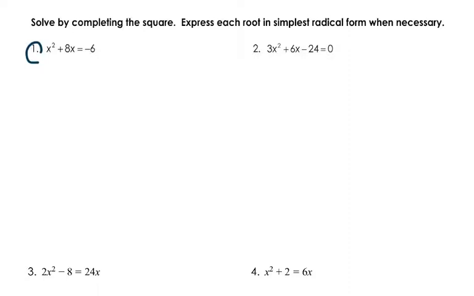The next step is telling you to take the B term and divide it by 2, square that number, and add it to both sides. So we are left with x squared plus 8x plus, I'm taking the B term, which is 8, dividing it by 2, and squaring it. I'm going to add that to both sides.